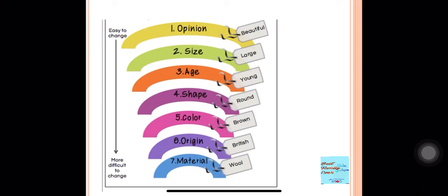And then you mention the age, young, old, the shape, round, heart, star, oval, triangle, rectangle, the color, brown, white, gray, origin, British, Kuwaiti, Syrian, Algerian, Bulgarian. Okay.